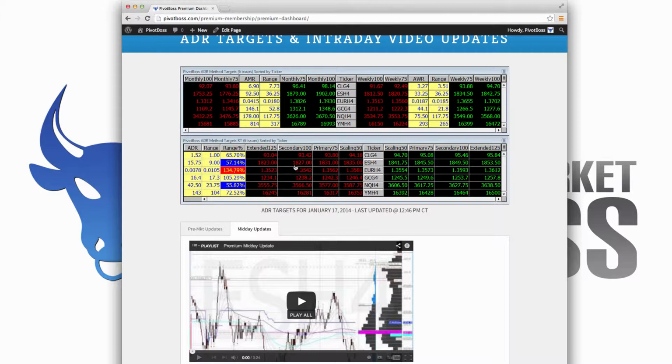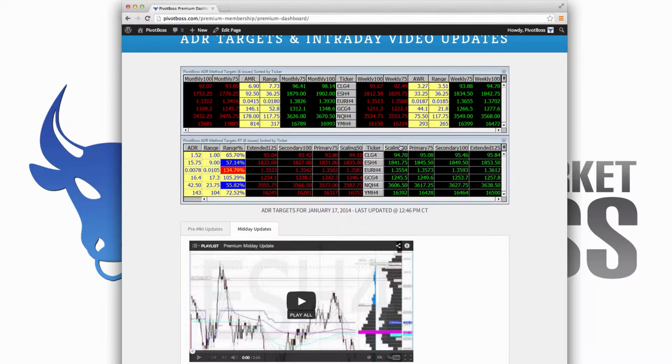The other thing here is these are your intraday targets to the right and left. Obviously the green ones are your bull targets, red ones are your bear targets. These are your various tickers. So for crude oil here, this is your first bull target, second, third, and fourth. Your primary is your 75% target for the day. And this is your scaling target.